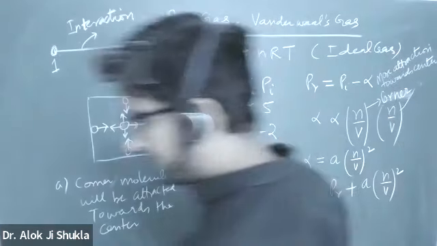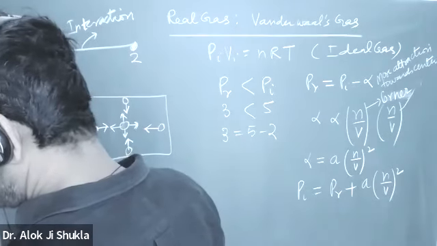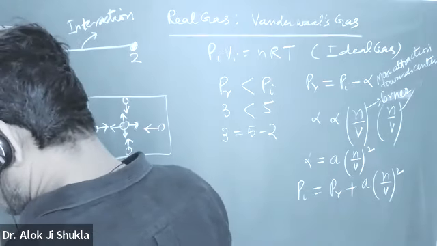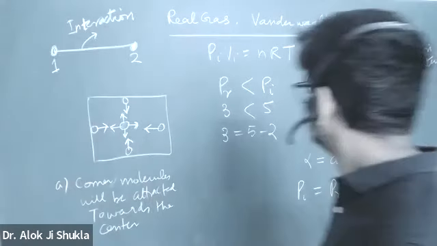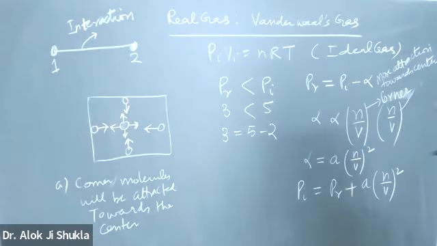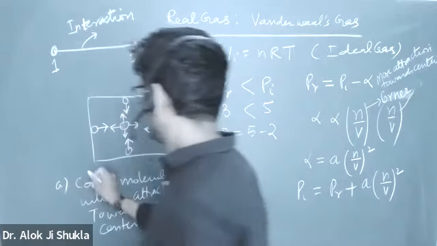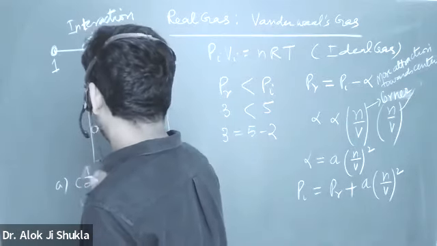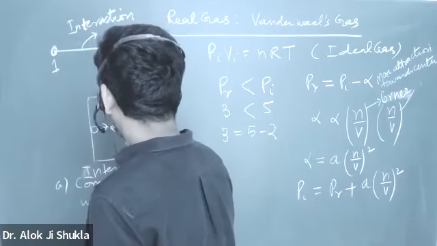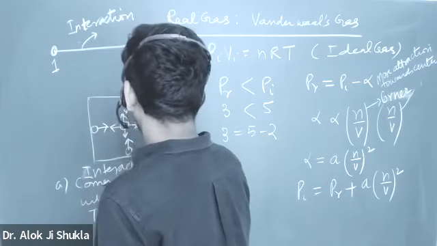So everything is understood up to here? Yes, sir. So the first time we have considered the attraction, the interaction, in the first point. So 2 points we are going to add to ideal gas.